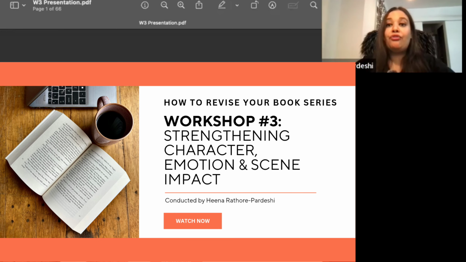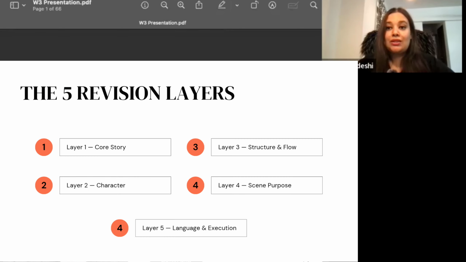In the first workshop, we learned how to diagnose the manuscript and identify what exactly is not working, instead of blindly editing line by line. The five revision layers that we learned were: layer number one, core story, which has theme, premise, and the emotional spine.